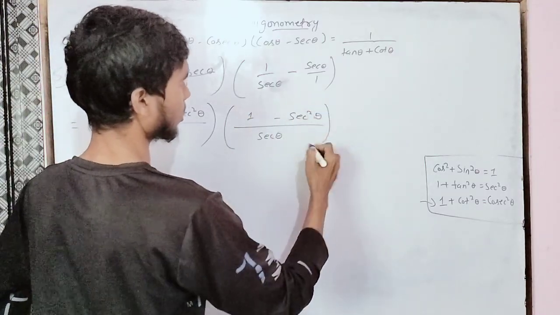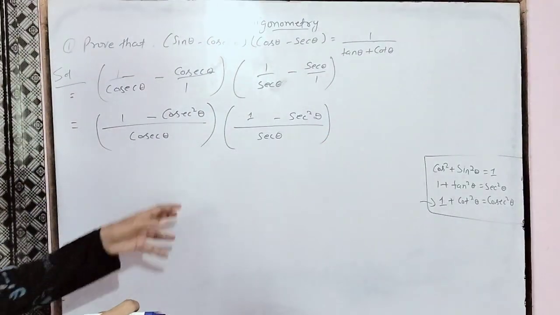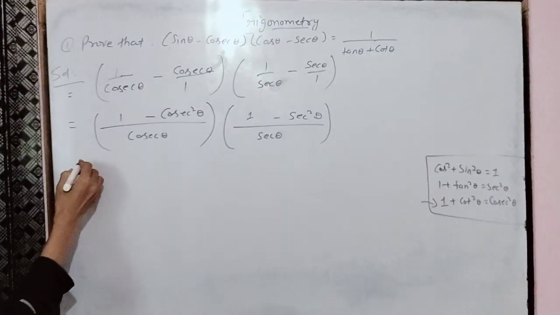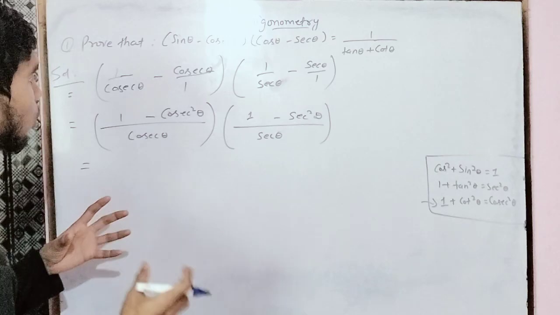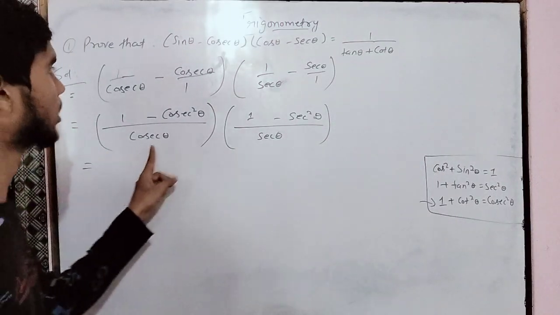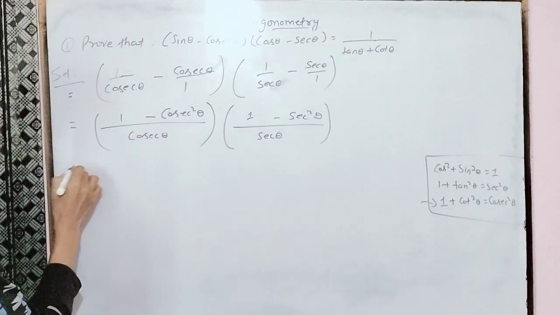Clear? Here we have a fraction. You know what to do here. So now we will cross multiply, this with this, this with this. What will happen?